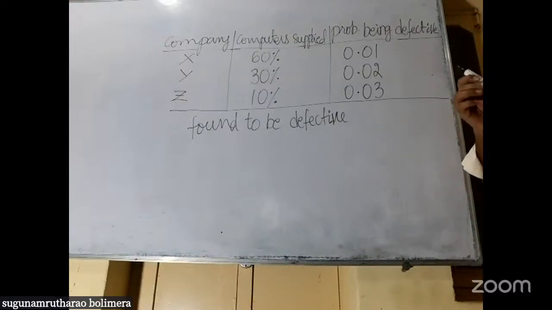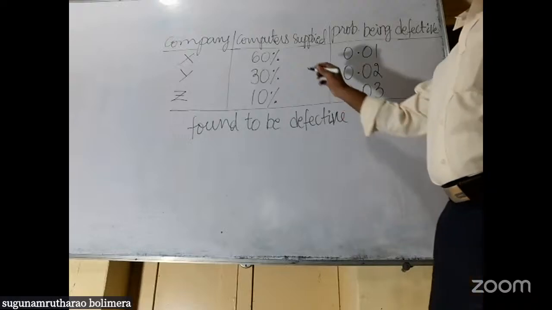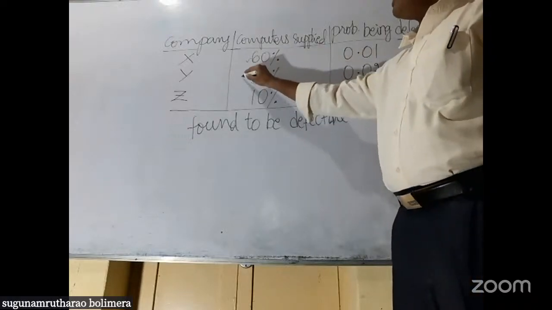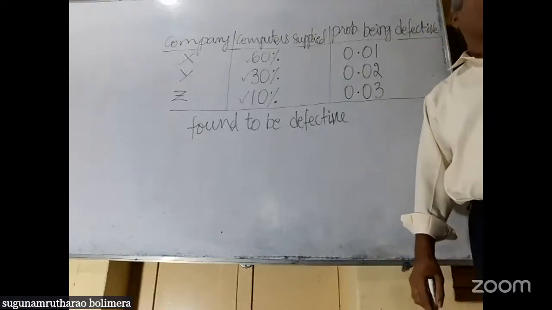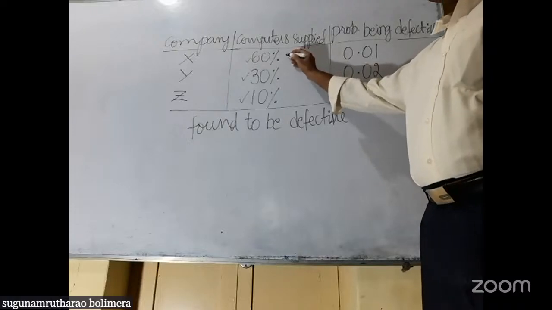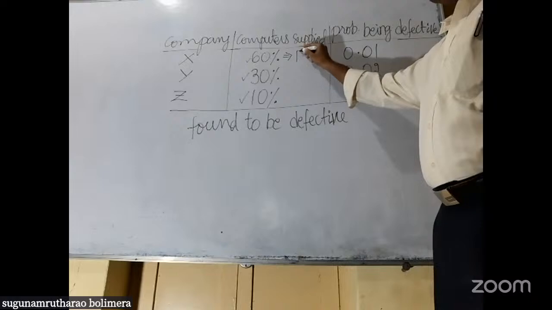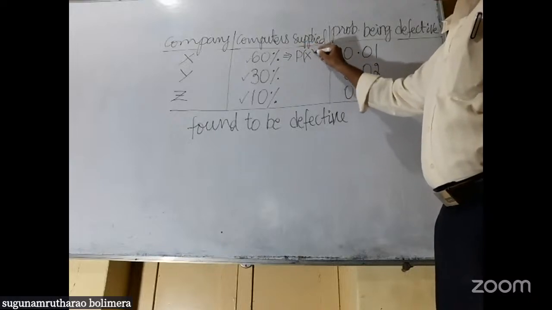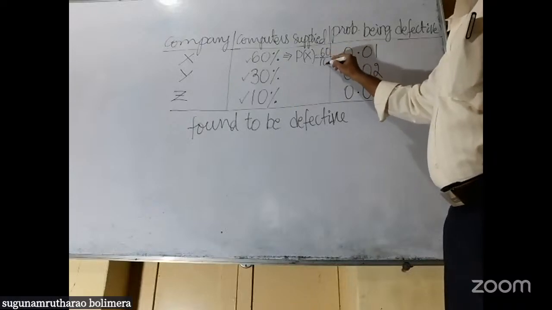So we have given the data very clearly. X supplies 60%, Y supplies 30%, Z supplies 10%. From this data, what can you write? Probability that X supplies equals 60 by 100.